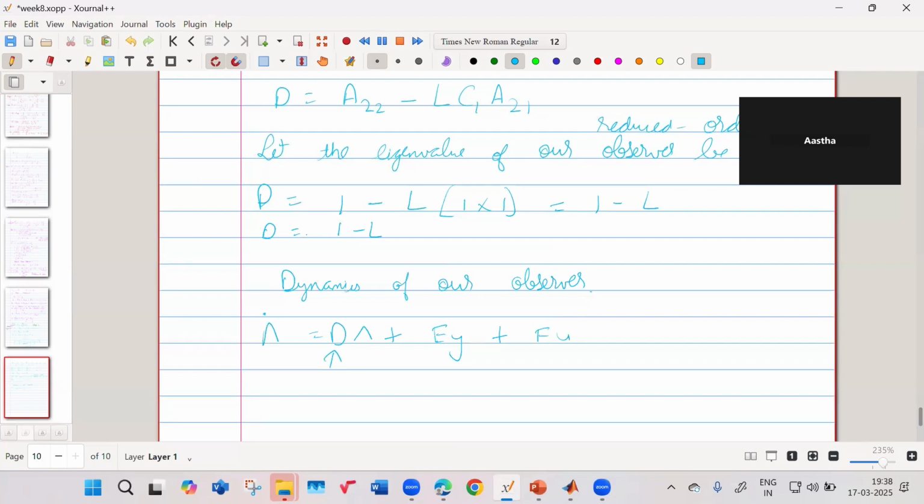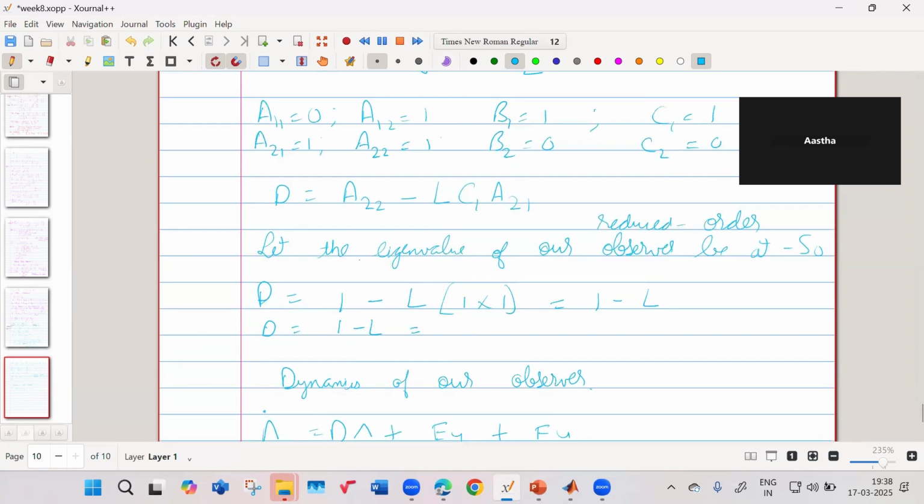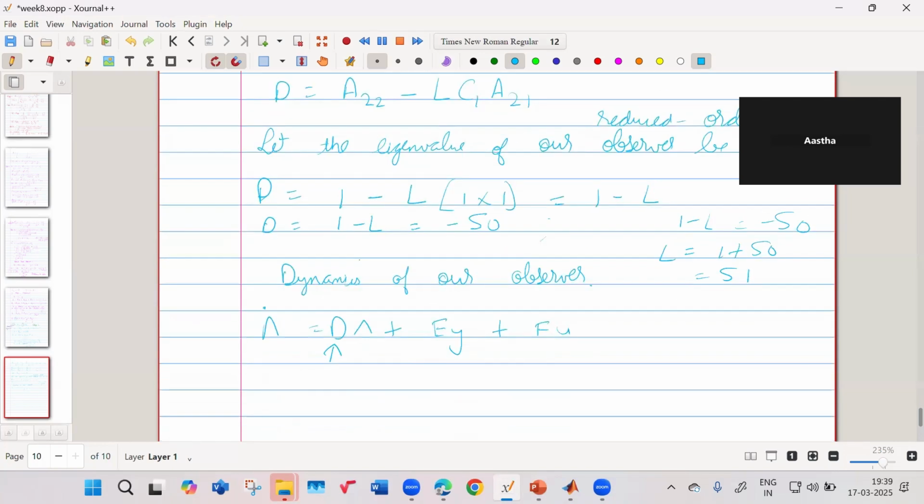Because this observer is a dynamical system of order 1, this D value determines my eigenvalue. I want this D to be equal to minus 50. So 1 minus L should be equal to minus 50, so L should be equal to 1 plus 50. So L is 51. We designed our L, and we got it to be 51.